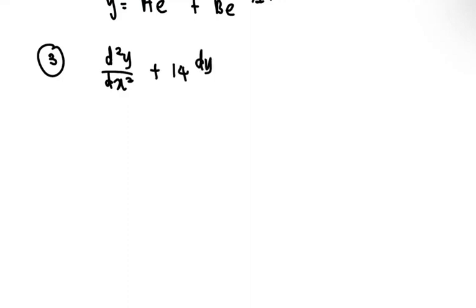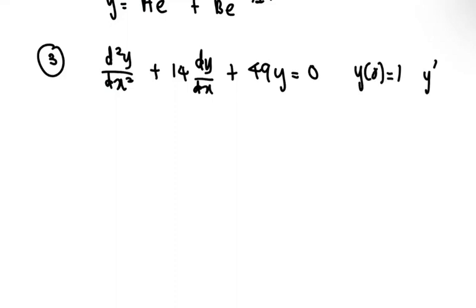Question number 3. Determine the particular solution of the following differential equation. So we have d squared y over dx squared plus 14 dy over dx plus 49y equal to 0. We are given y0 equal to 1, y prime 0 equal to minus 1.